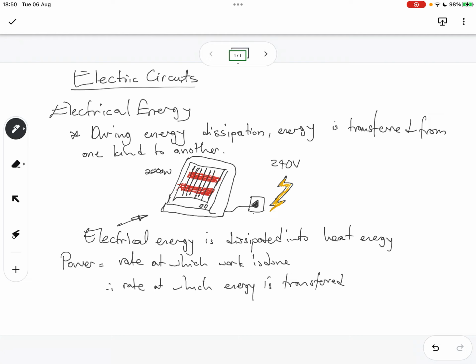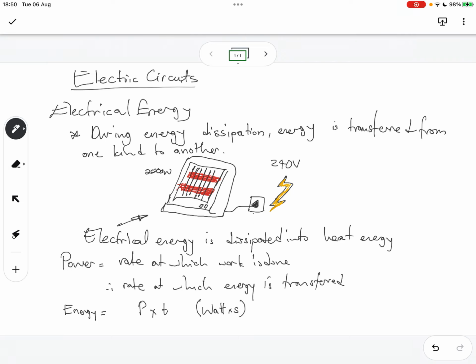So in other words, energy would be the power times the time. So in other words, it'll be watt times second.